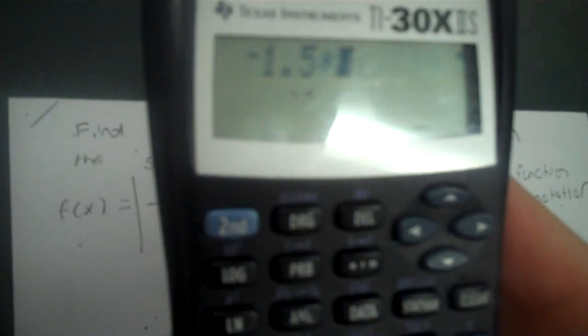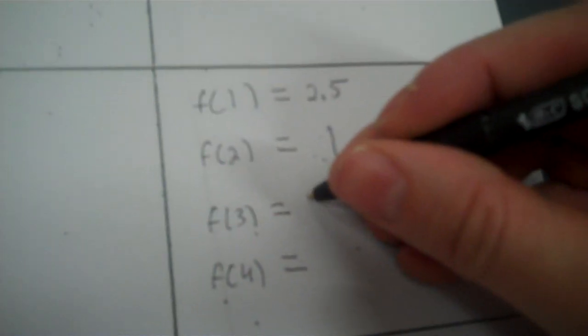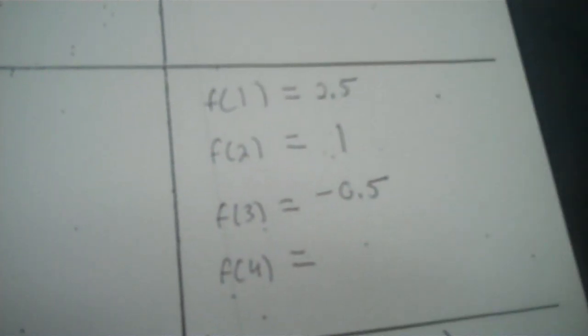So do it. Don't be difficult. Times 3 plus 4 is negative 0.5. So negative 1.5 times, and then the last value is 4, and then plus 4 after it. Negative 2. This is the answer. That is what they want written.